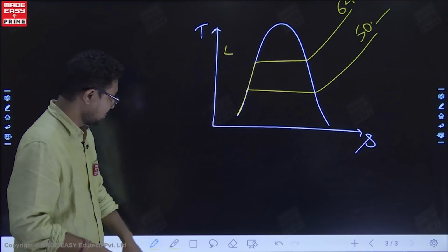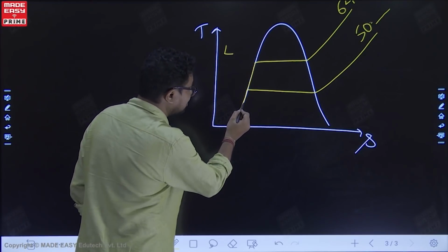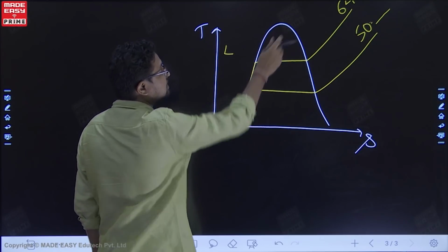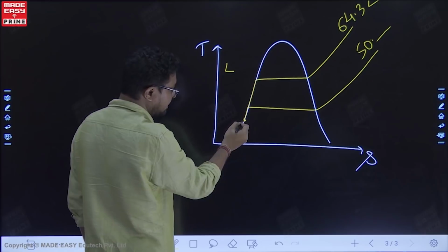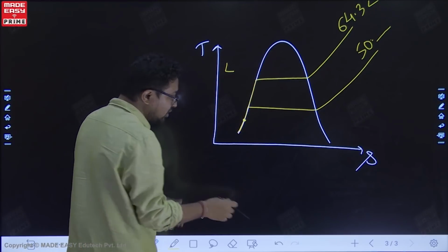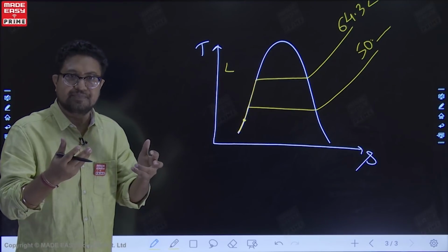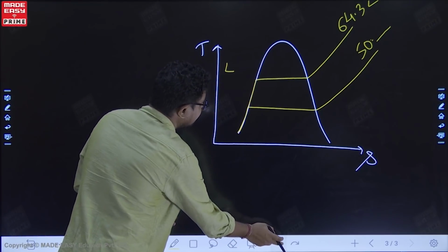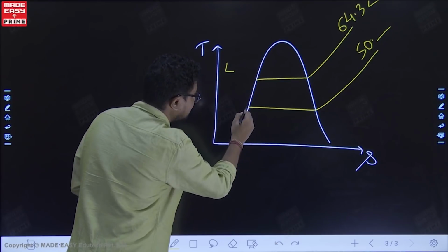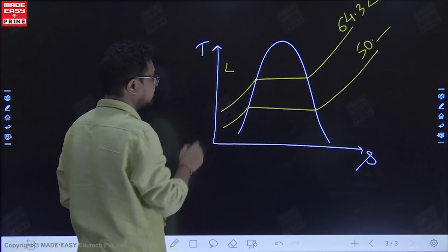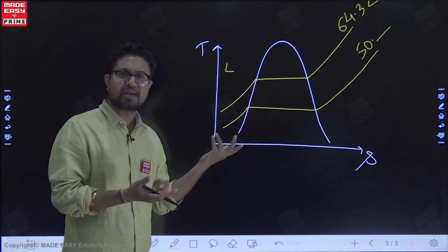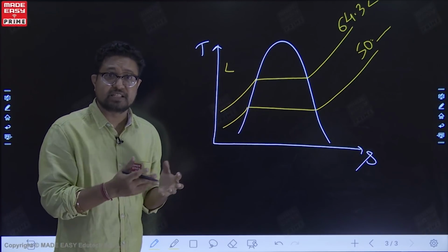But then how to separately know whether this point is on 50 or 64? How to know which pressure this point is? So for our visualization, we distort the curve and make it like this. Most of the books make the curves like this. We are also making it like this for visualization purposes.